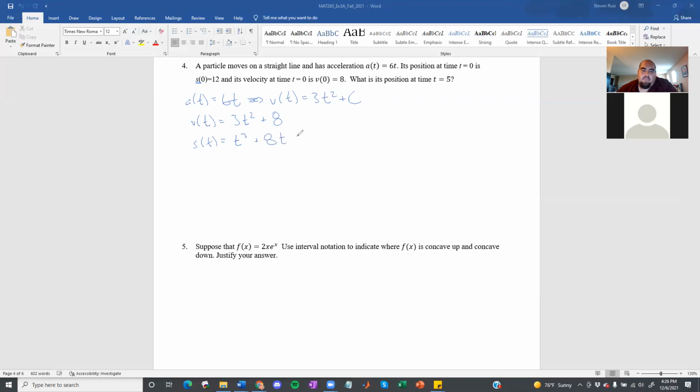And then you'd set that one equal to 12. Okay, and I'm pretty sure you get 12 for that one. So then regarding what its position is at t equals 5, you just plug 5 into the equation and you should get something like 177. Okay.